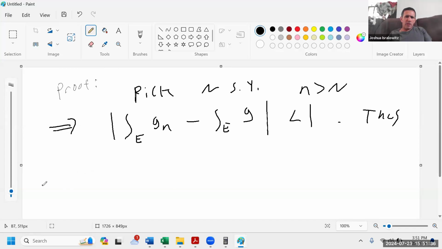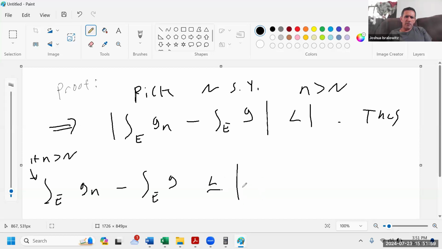So in other words, that means as long as little n is bigger than big N, then, well, I'll do it like this. There's always less than or equal to its absolute value, less than 1.